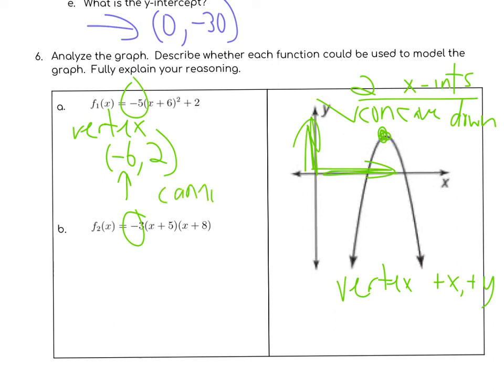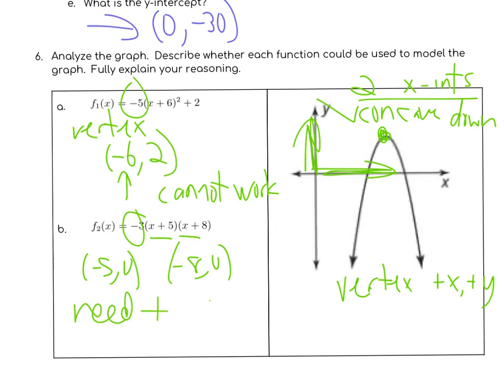Cannot work. And then the zeros here are negative 5, 0, and negative 8, 0. I need positive x-intercepts. I have negative x-intercepts. So cannot work.